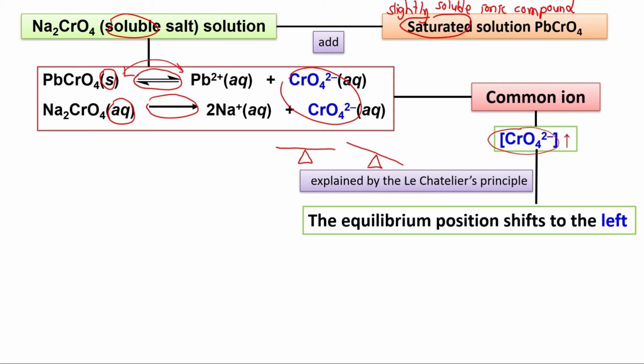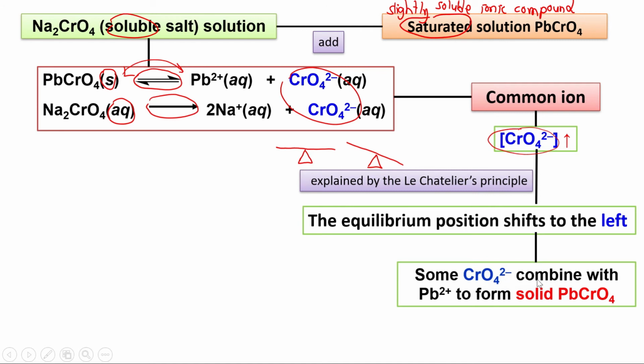Since the concentration of the ion increases, we need to decrease it back in order to attain equilibrium again. So how do we decrease the concentration? Some of the chromate ion combines with Pb2 plus to form solid PbCrO4. So the equilibrium position will shift to the left, and we reattain our equilibrium position.